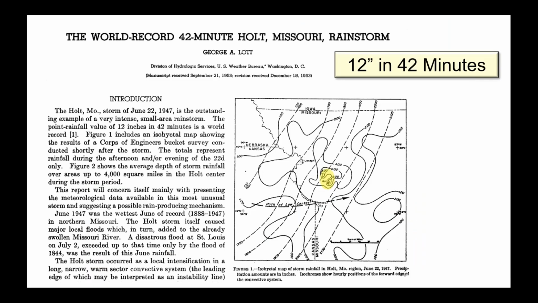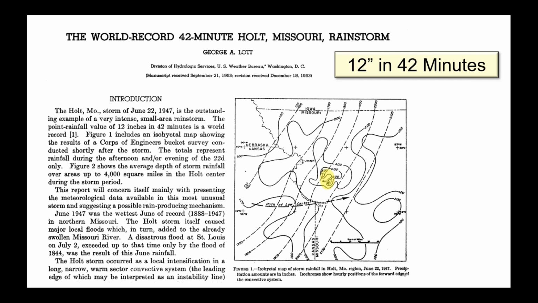So let's talk about that a little bit. If you look at this, this is a world record in the United States, and it happened in Holt, Missouri, back in 1953. They had an actual rain gauge, and this gauge measured 12 inches of rainfall in 42 minutes.